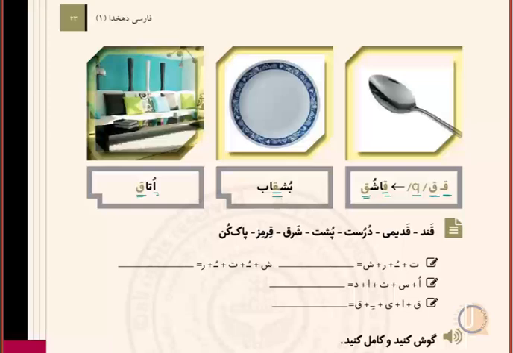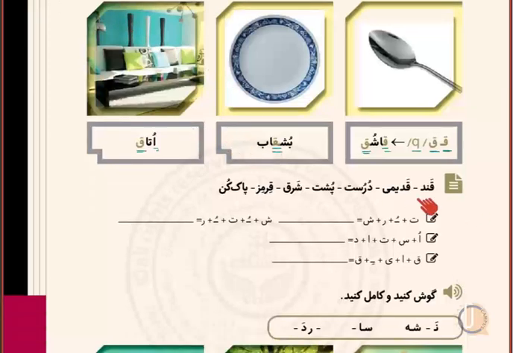Now read these words. قند, قدیمی. قند is sugar. قدیمی, old. درست, right, correct. پشت, back. شرق, east. قرمز, red. پاک کن, that we pronounce as پاک کن, razor.